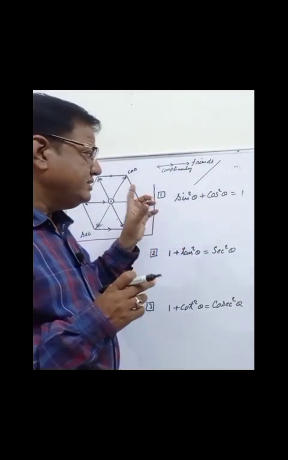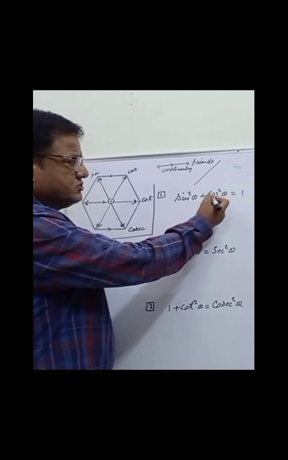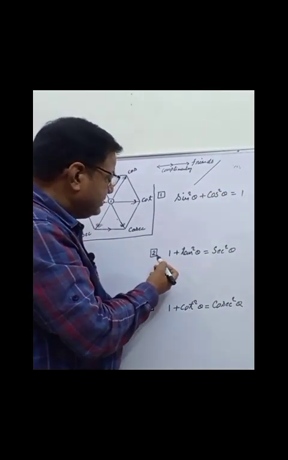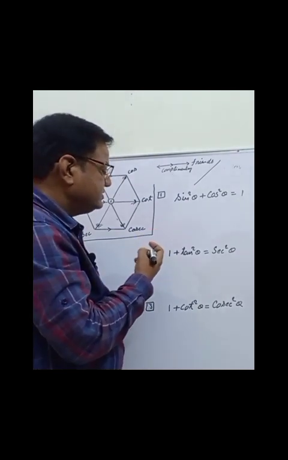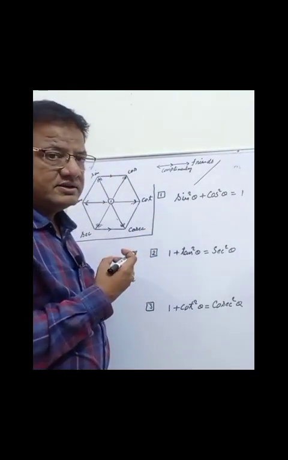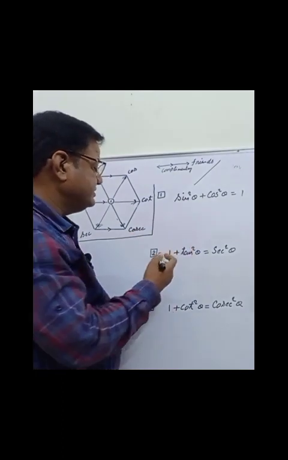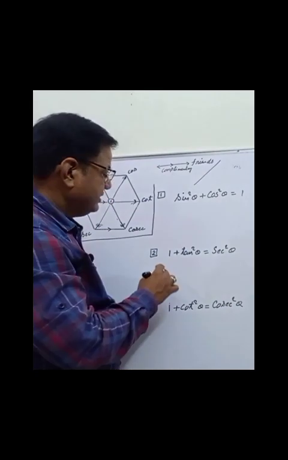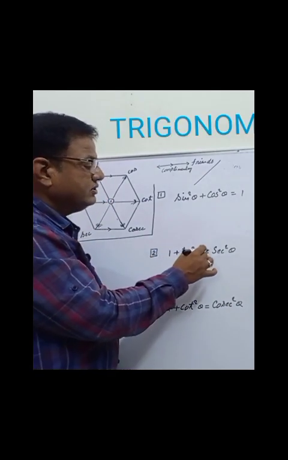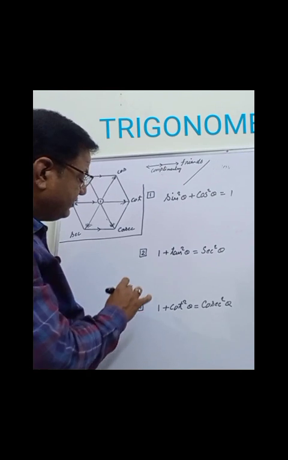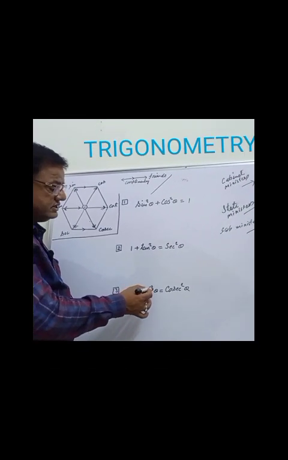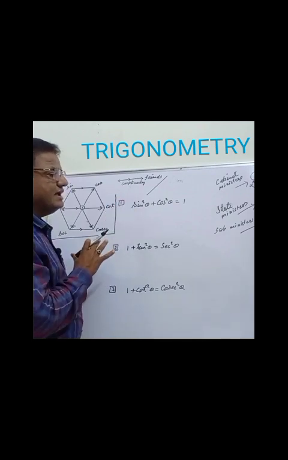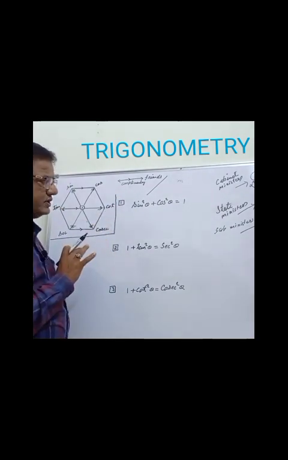The second main identity is 1 plus tan square theta equal to sec square theta. And the third one is 1 plus cot square theta equal to cosec square theta. Mainly we will have to remember them in this form.